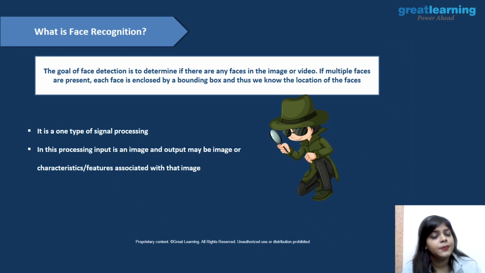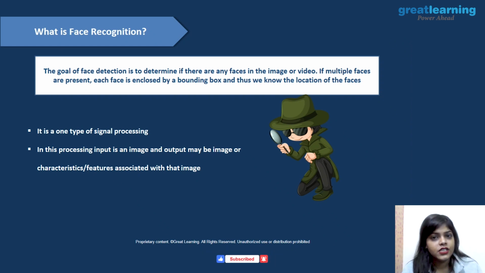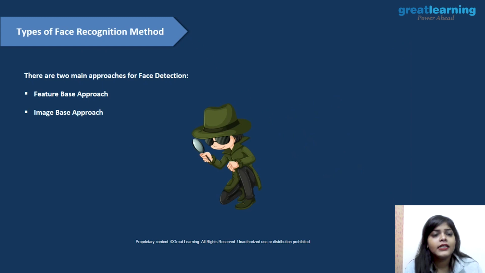If multiple faces are present, each face is enclosed by a bounding box, and thus we know the location of the faces. We will see how to do this face recognition using Python. It is also one type of signal processing. In this process, you give an image, and you get a bounding box around a face. So this is pretty much about face recognition.